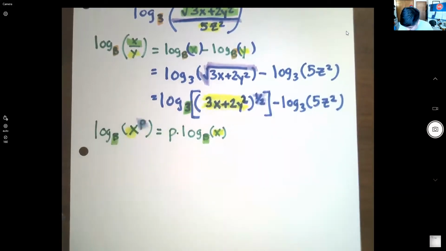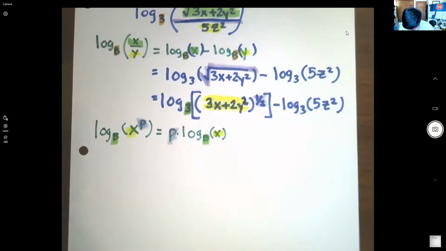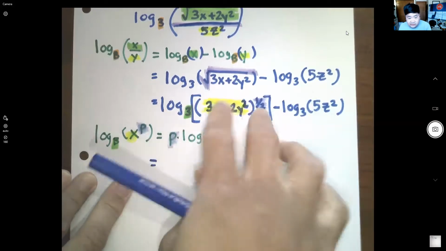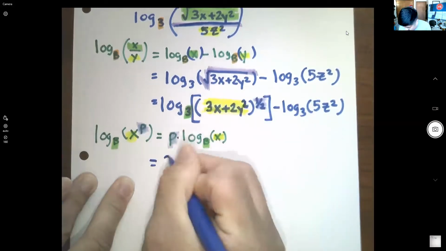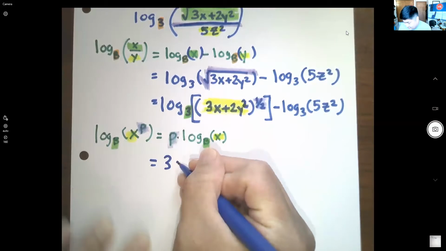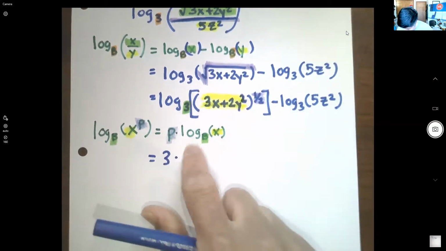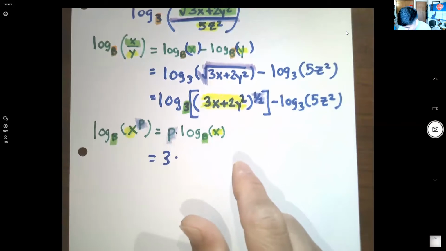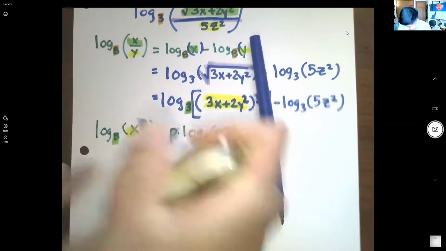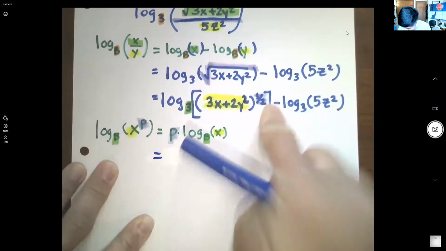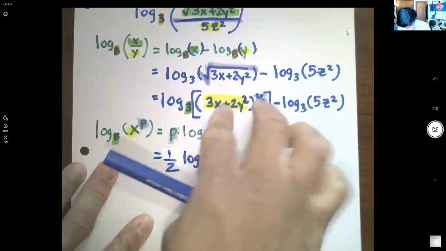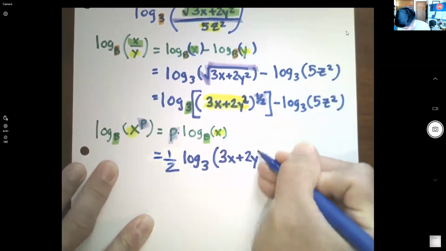So now I am just going to rewrite this log base 3 of (3x plus 2y) squared to the 1/2 power as, sorry, log base 3. I don't know why I started with the 3 here, but let's just start with the 1/2 times log base b, which is 3, of the argument 3x plus 2y squared.